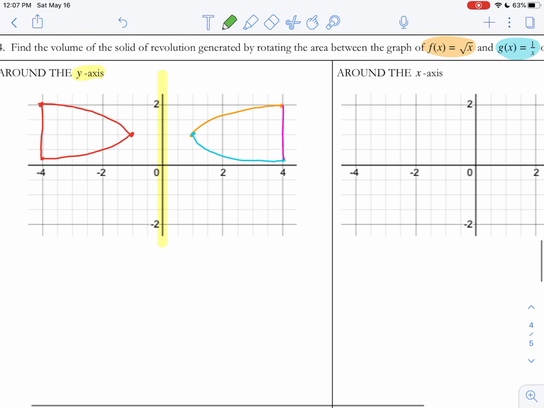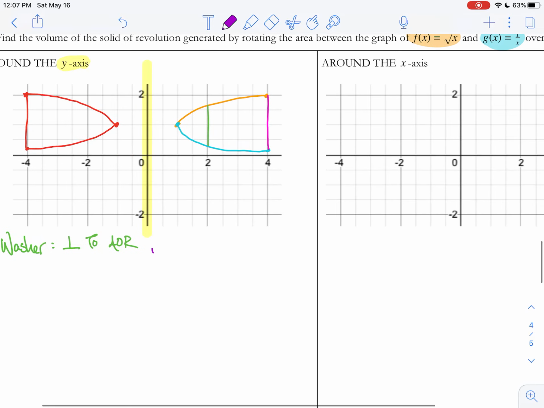So let's see what happens if we do washer. If we choose to use washer, then we need lines that are perpendicular to the axis of revolution. That means we would have to draw lines like this. Now, shell method would require us to have lines that are parallel to the axis of revolution.